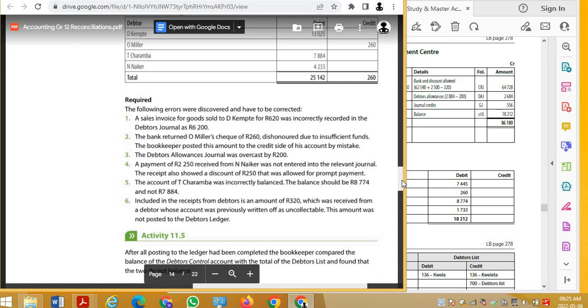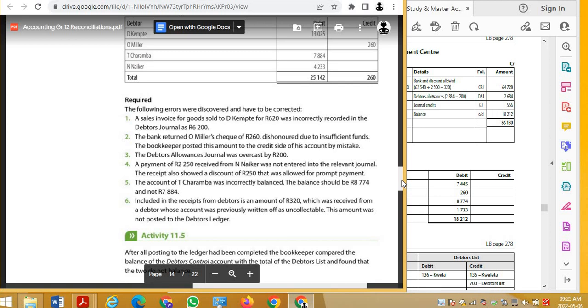If they incorrectly post the transaction into the journal, then everything will be wrong. If it's not right in the journal, it will affect everything, the debtors list as well as the debtors control account. From now on, I won't say debtors control account in the debtors ledger. Just remember, debtors control is in the general ledger, and the debtors list is from the debtors ledger.